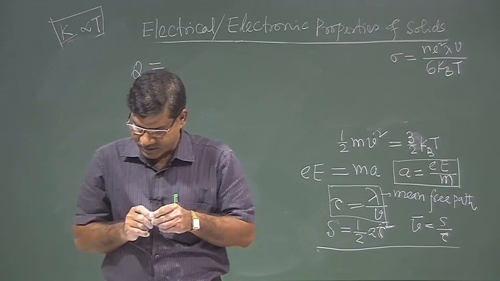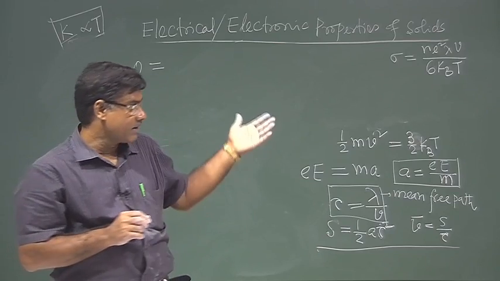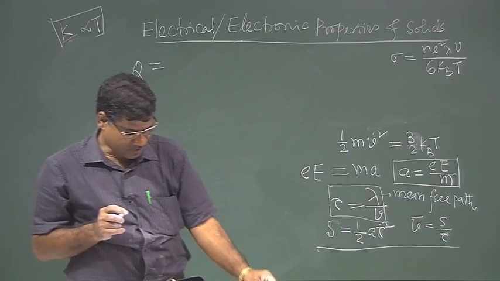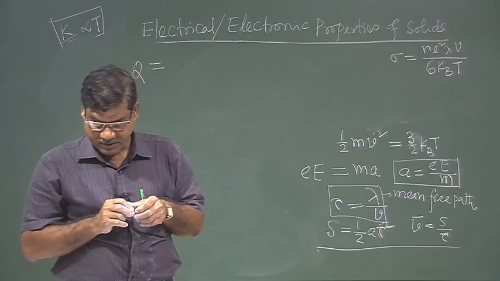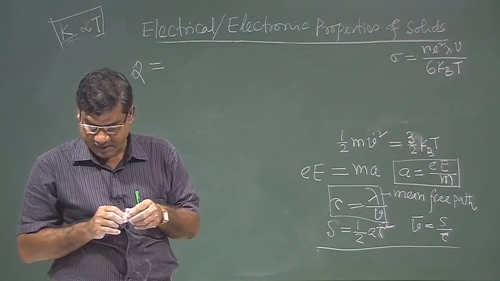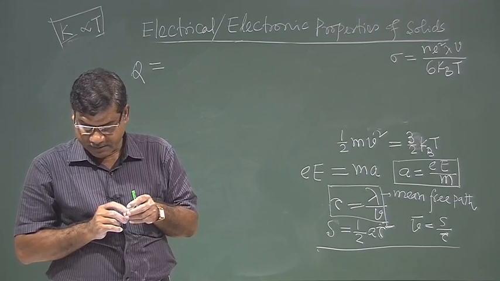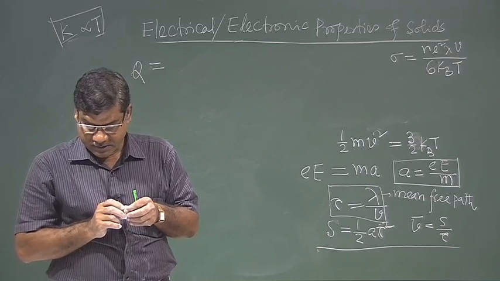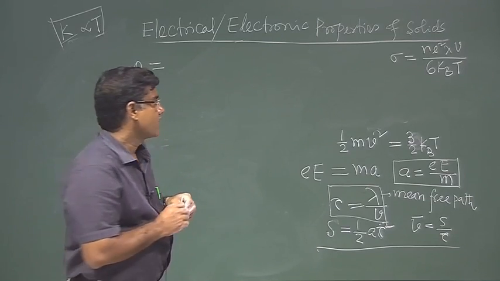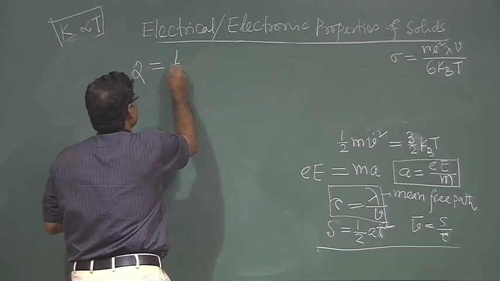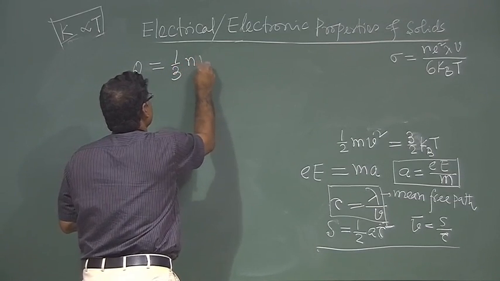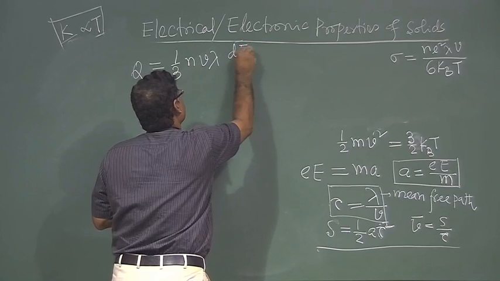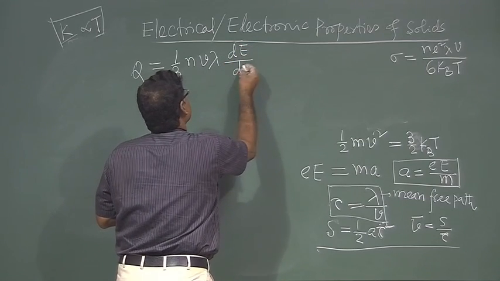Because this is the free electron gas model, one can apply kinetic theory and get the expression. I will not derive that one, I will just take it. So, that is basically 1/3 n v lambda dE by dL.